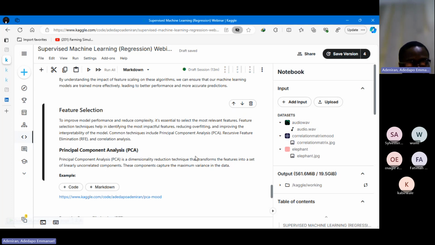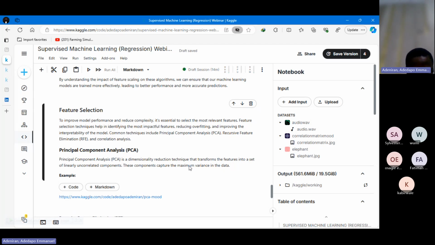Now, as much as I would like to explain and demonstrate how we can use principal component analysis to select features, it's not going to be easy here because I don't have video editors that will really demonstrate it. What happens in principal component analysis is that we are trying to look at the data from an angle where there is maximum variance.